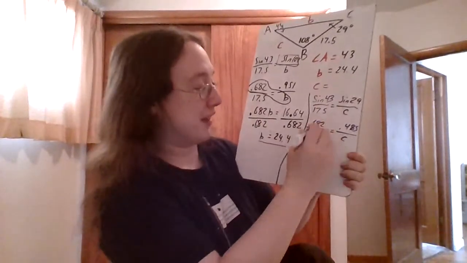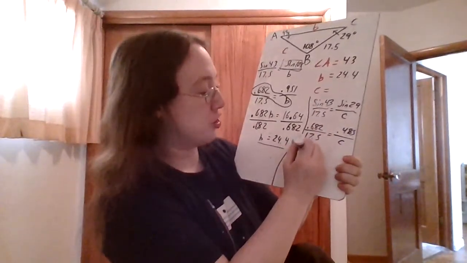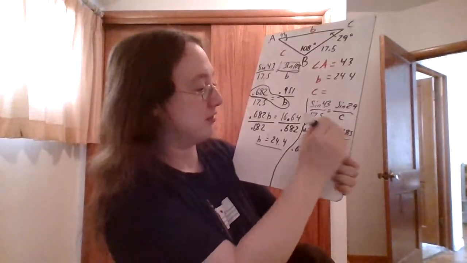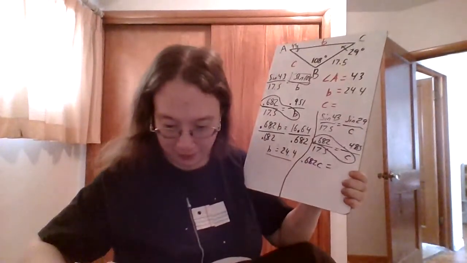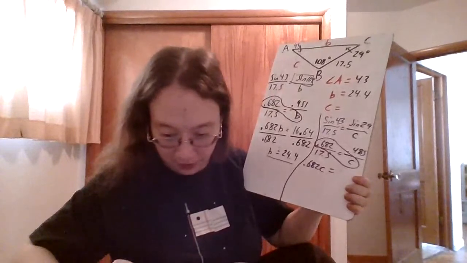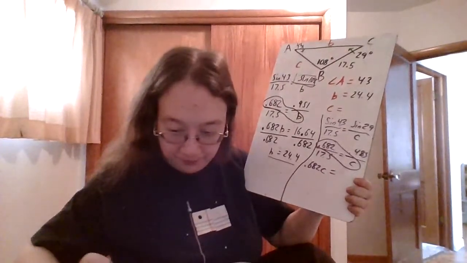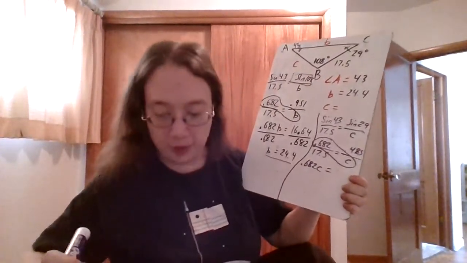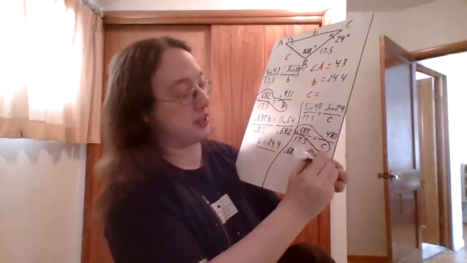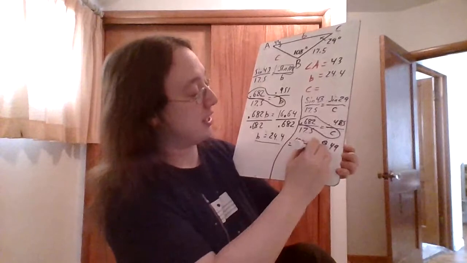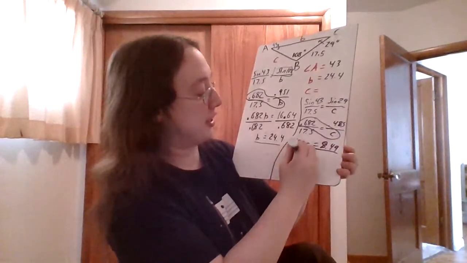And then we're butterflying that. So we've got 0.682 times c equals whatever 17.5 times 0.485 is. That gives you about 8.48. Typically that'll round up to 8.49. And we're dividing by that 0.682.